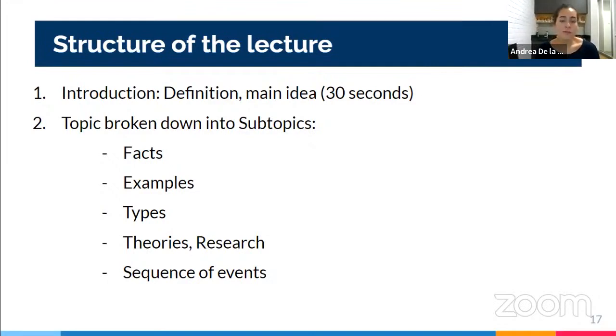The lectures aren't going to be more than one thing. In the first 30 seconds, you usually have a short introduction, and then the whole lecture is usually structured in a different way. So I cannot tell you which type of structure you have, but I'm going to be giving you some examples. But in general, in the lecture, we'll have a lot of facts, a lot of studies and details and examples and theories, sequence of events, stories, and so forth. Okay, and you have to pay attention to those details because they usually matter a lot.